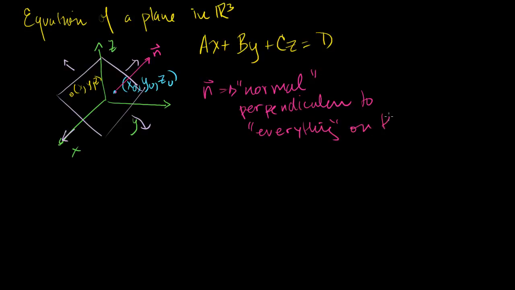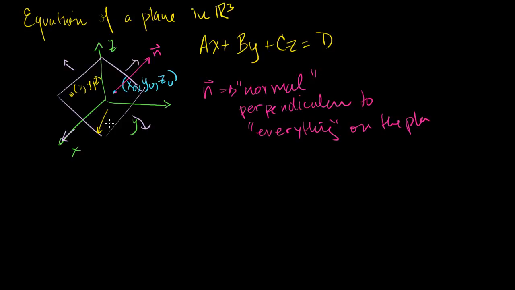So if you have some vectors lying on the plane, if I have some vector here, let's say that's lying on the plane. If you imagine the plane as a piece of cardboard, that yellow arrow I just drew, I would have actually drawn that on the cardboard. It's sitting on the plane.